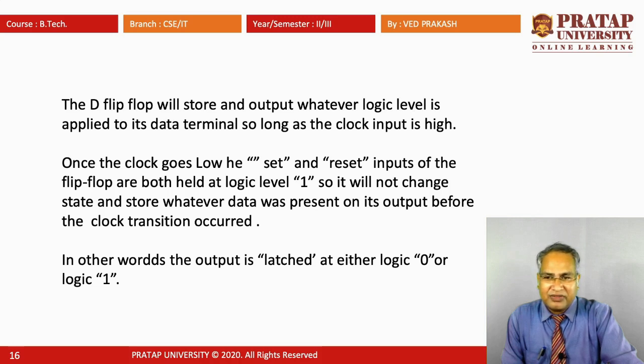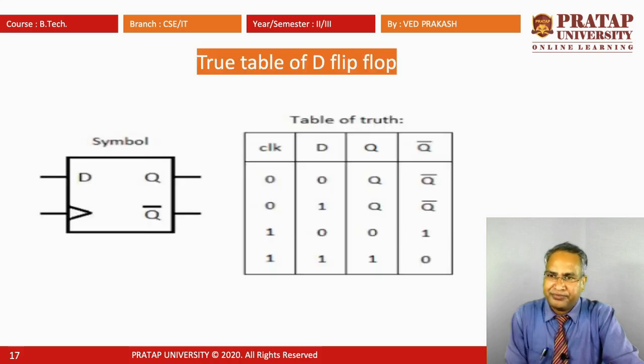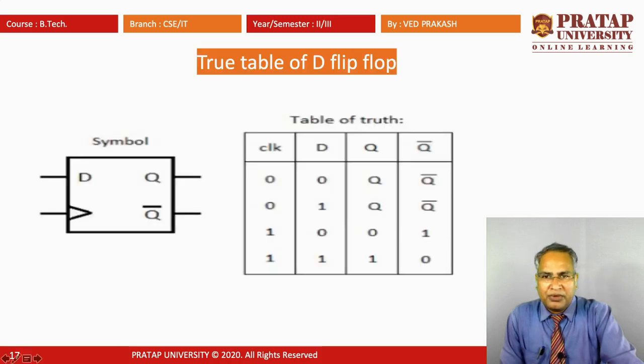So in other words, we can say that the output is latched at either logic value 0 or 1. So using the concept of the D flip-flop, if our clock is low, it means 0, then for any value of D, we always get the unchanged value.